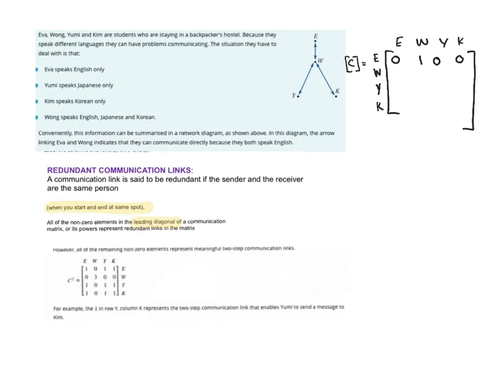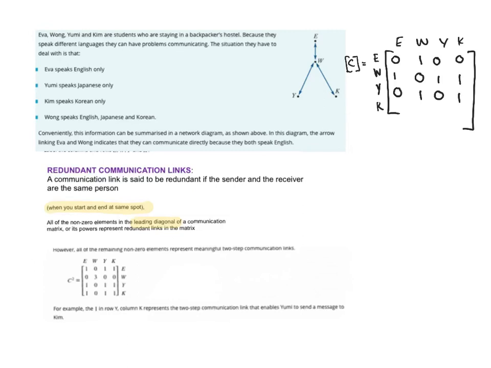I think in your page it said they haven't written that right. If we look at Wong, Wong can talk to Eva, not to themselves, but Wong can talk to everyone because she speaks all the languages. Yuri can't speak to Eva, but can speak to Wong, won't speak to herself, and can speak to Kim.